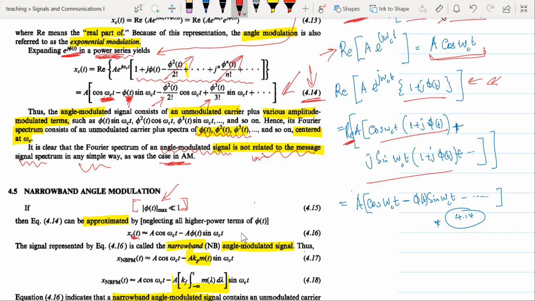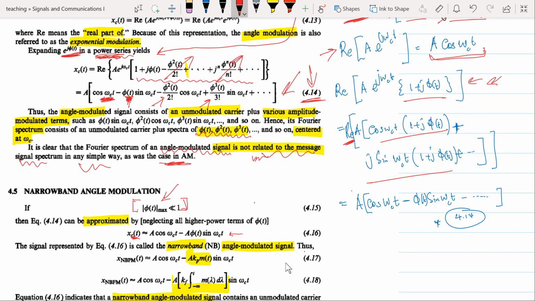And this kind of angle modulation, in which we have ignored the higher power components of phi of t, is the one that we refer to as the narrowband angle modulated signal.